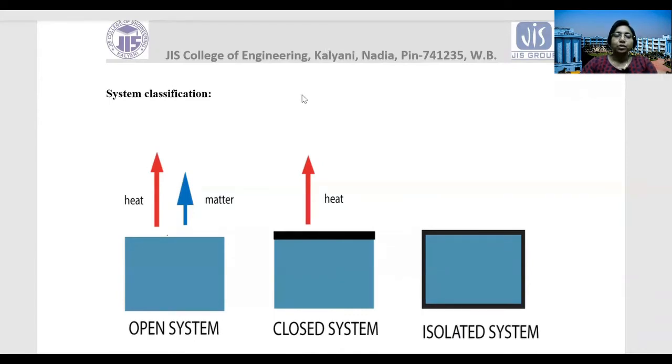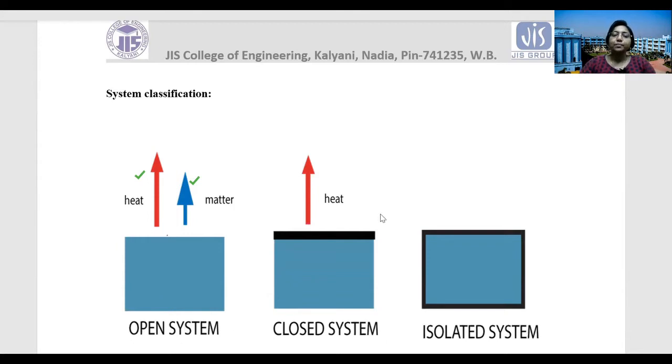In the open system, heat is transferred and also matter, that means mass, is transferred. Both heat and mass are transferred. That is called open system.